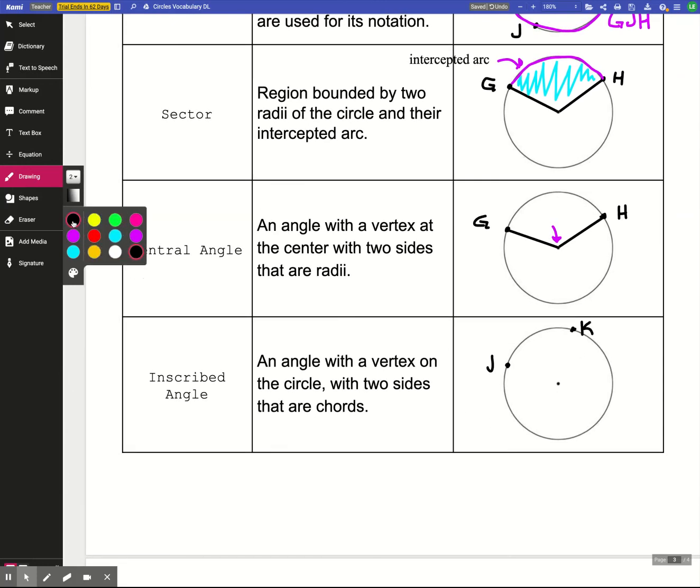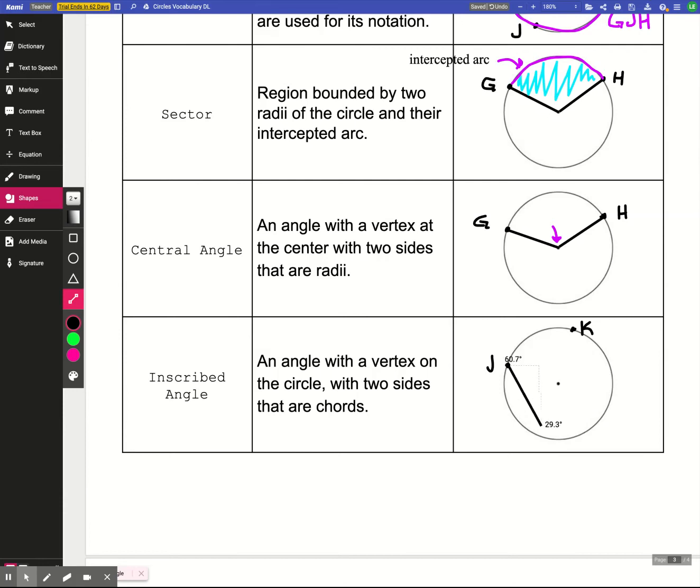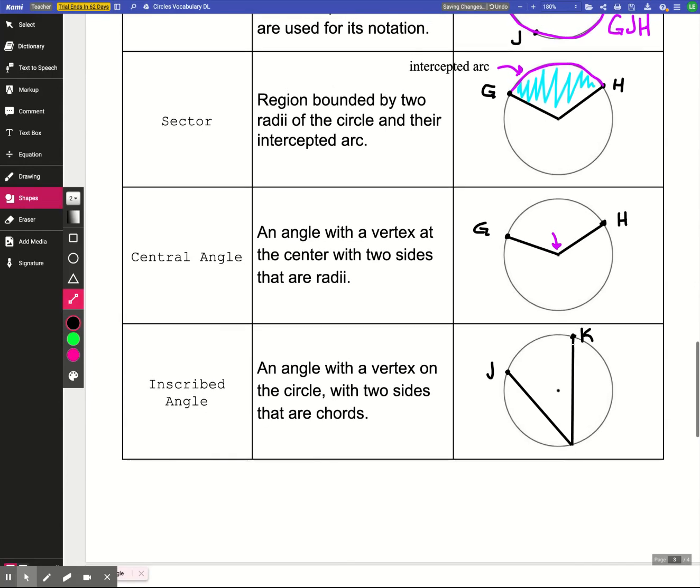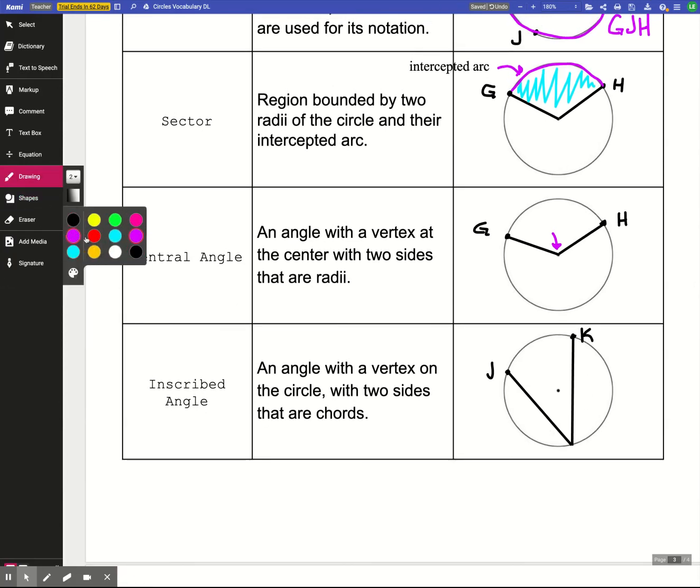Now an inscribed angle still has an intercepted arc, but the vertex of an inscribed angle is always on the actual circumference of the circle.